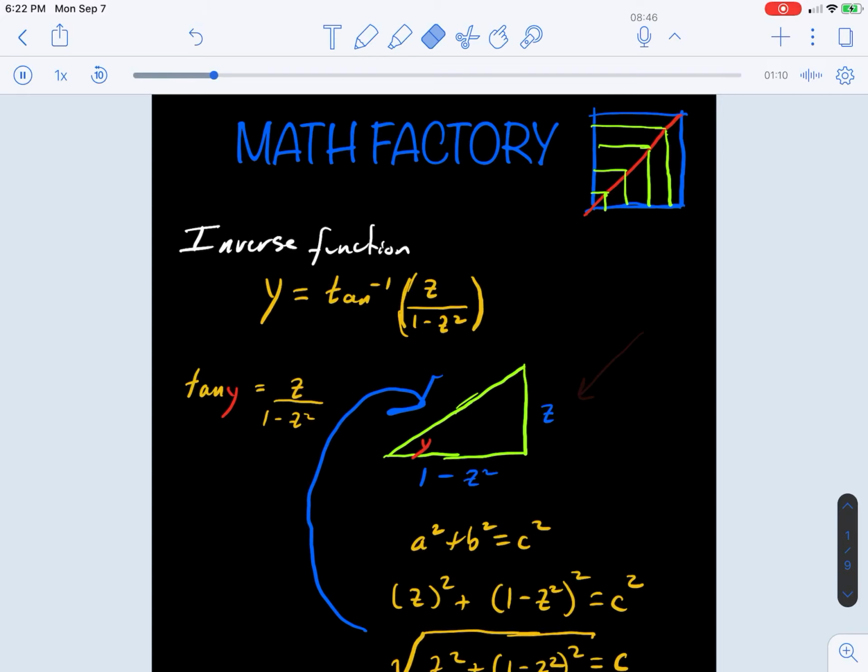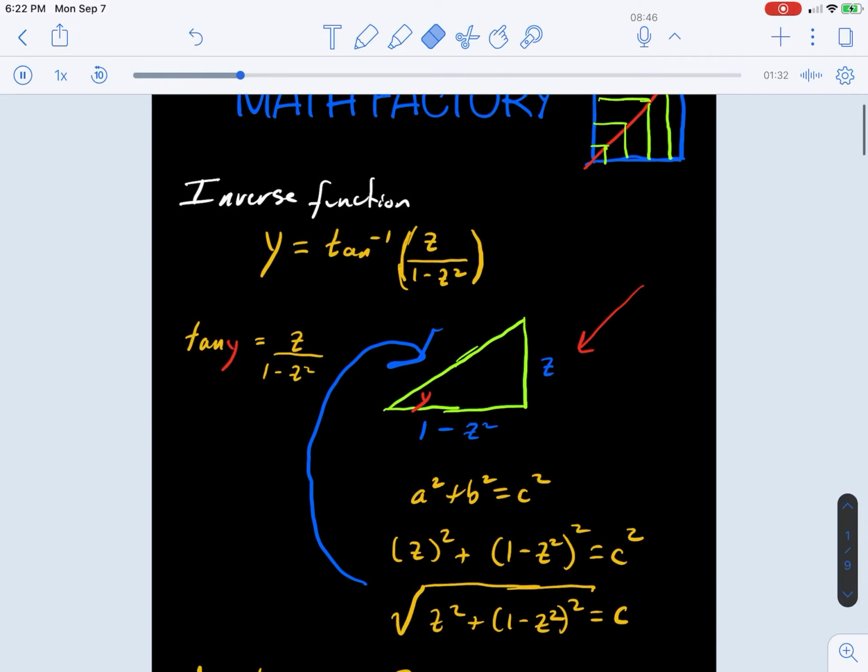And from that, we can solve for the missing side of the triangle using the Pythagorean theorem. And from all of that, we end up with the square root of z squared plus (1 minus z squared) to the power of 2. The variable for a was z, and the variable for b was 1 minus z squared to the power of 2.